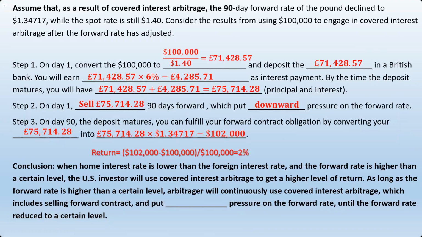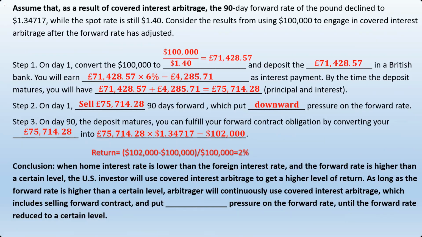So when the home interest rate is lower than the foreign interest rate and the forward rate is higher than a certain level, the certain level is 1.34717, the US investor will use covered interest arbitrage to get a higher return, as we see, 6% or 3.88%. As long as the forward rate is higher than this level, arbitragers will continually use covered interest arbitrage.